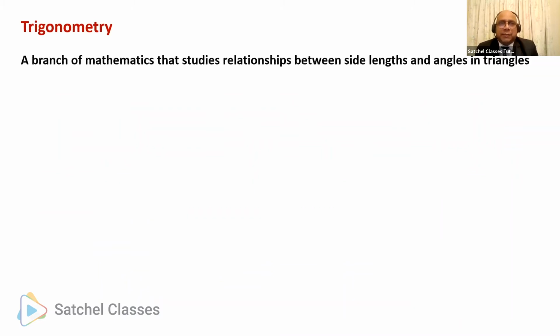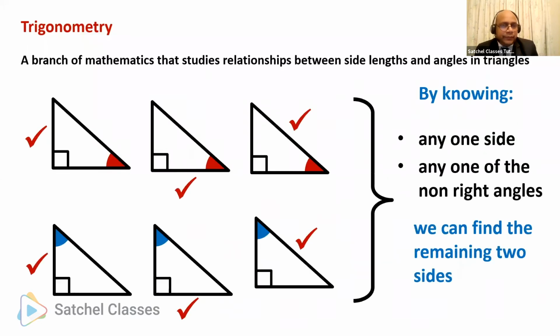Trigonometry is a branch of mathematics that studies the relationships between side lengths and angles in triangles. So where can we use trigonometry? Let's understand that first. If we are given any one side of the triangle and any one non-right angle, which means we know that one of the angles in the right angle triangle is 90 degrees, but we are given any of the remaining two angles, then we can still find the remaining two sides.